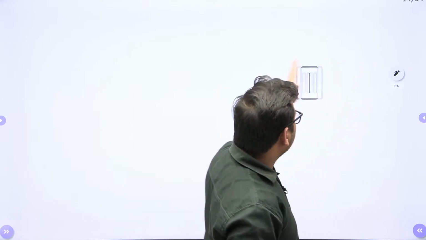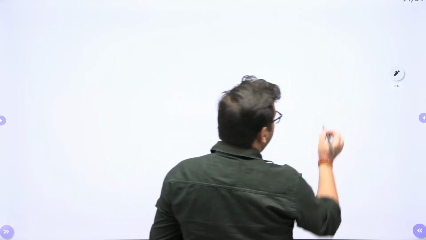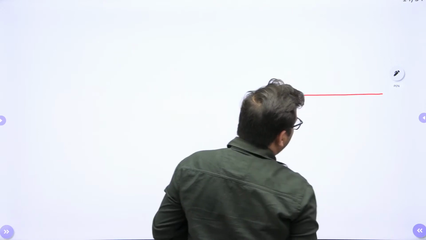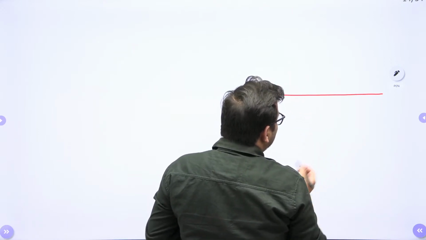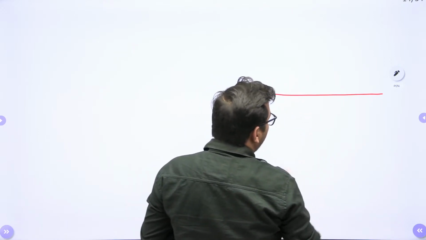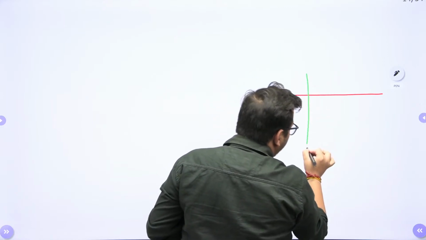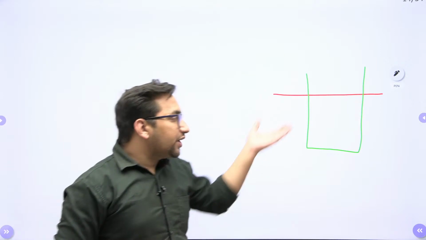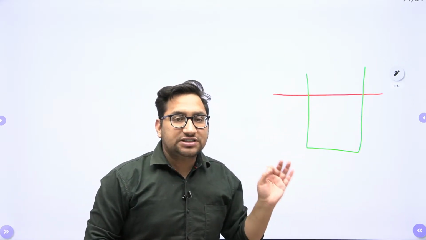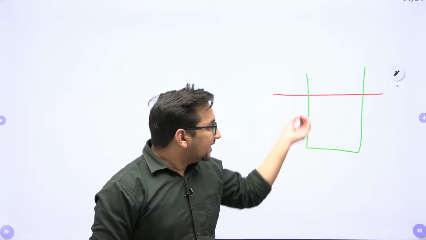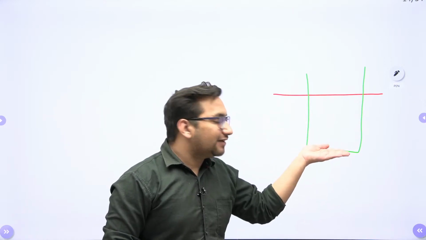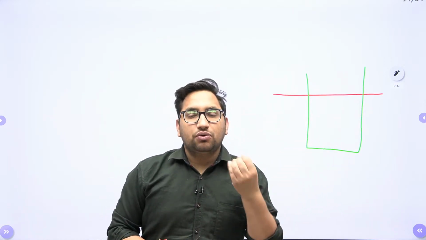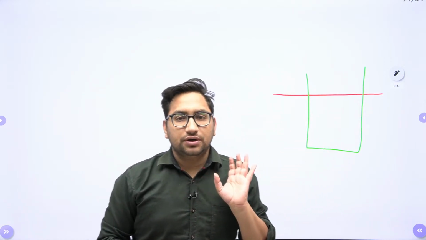So what we do in this particular analysis, we do it on a plate, right? So let's suppose this is that ground. To analyze this particular condition, what we do? First, we excavate the soil up to the original depth of foundation. Always remember, this test is conducted at the original depth of foundation at which you are going to construct your foundation, right?